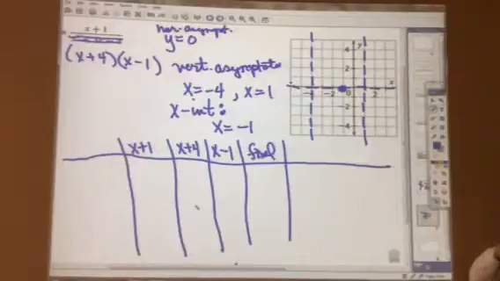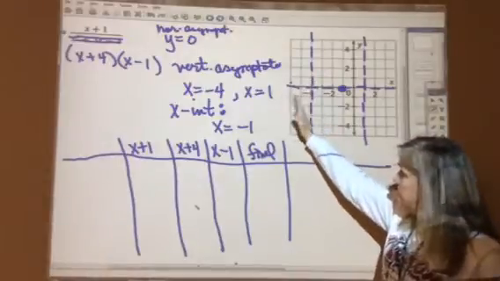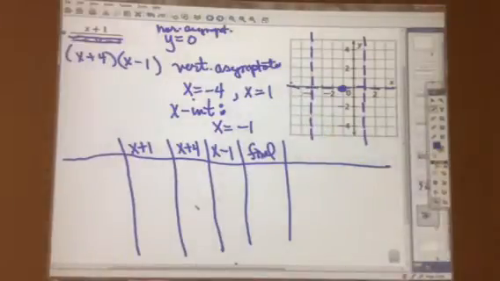Let's look at our graph. What intervals am I going to use? X is less than negative 4. Okay, that's the first one. Then what interval? Negative 4 is less than x is less than negative 1.